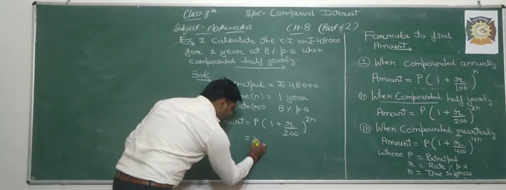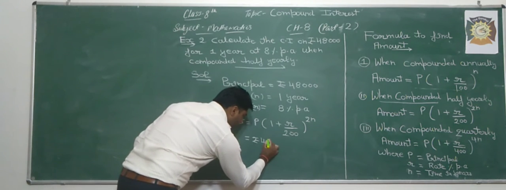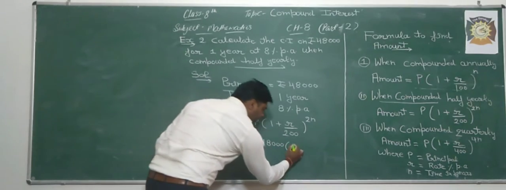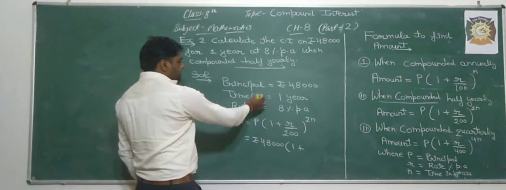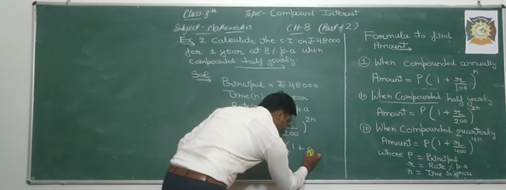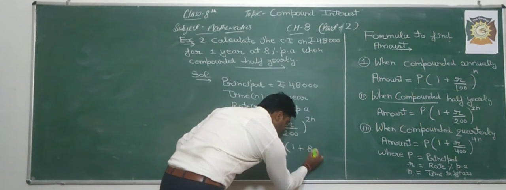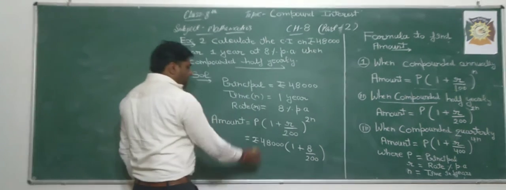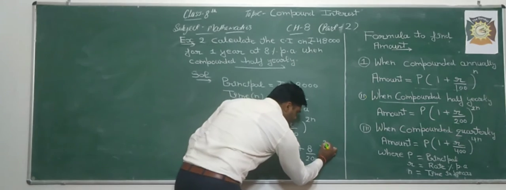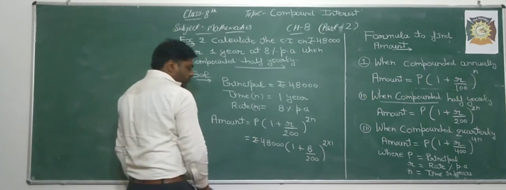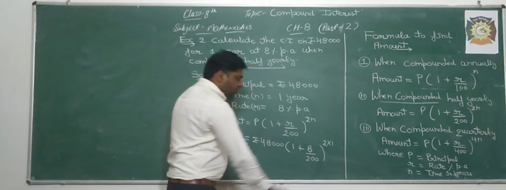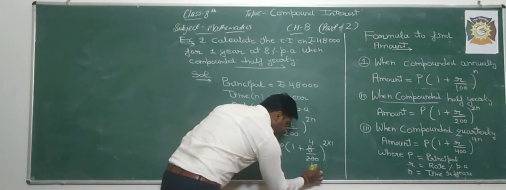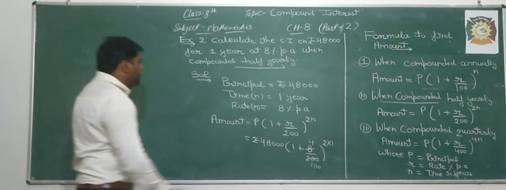This is 48,000 into 1 plus what is the rate? This is 8 divided by 200 raised to the power 2, that means 2 multiplied by n, that is 2 multiplied by 1. Because 8 and 200 both are divisible, so this is 4 and this is 100 here. Now just simplify this one.